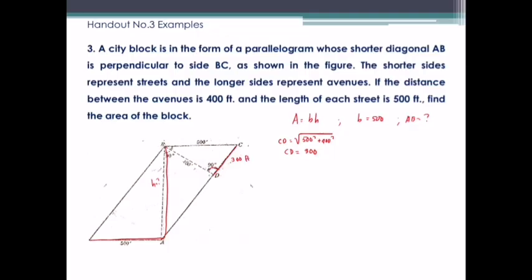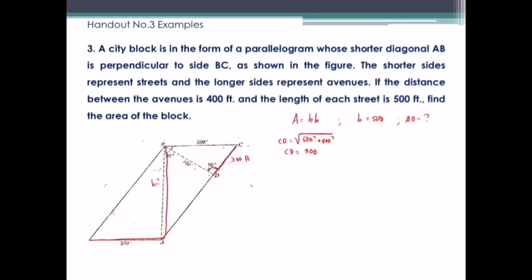Okay, so let us try to find this one, h or AB. If we look closely in our figure, class, angle DBC is actually equal to angle BAC.